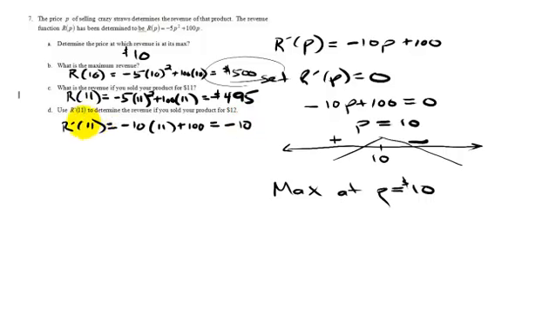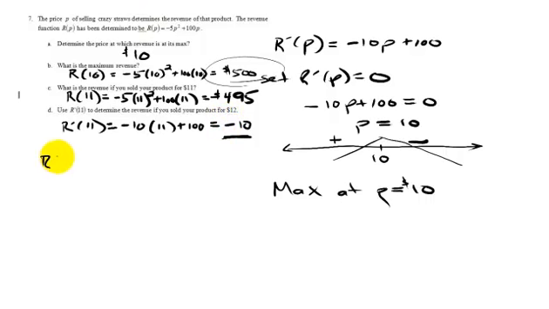So what that means is that at $11, if you were to go to $12, we would estimate the revenue to go down by $10. That's what this means. If we were to go from 11 to 12, we would estimate the revenue to go down by $10.